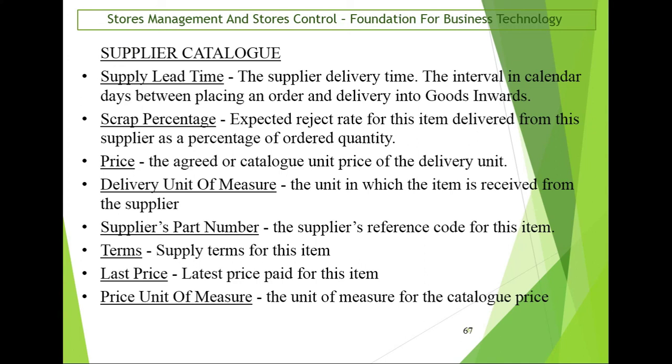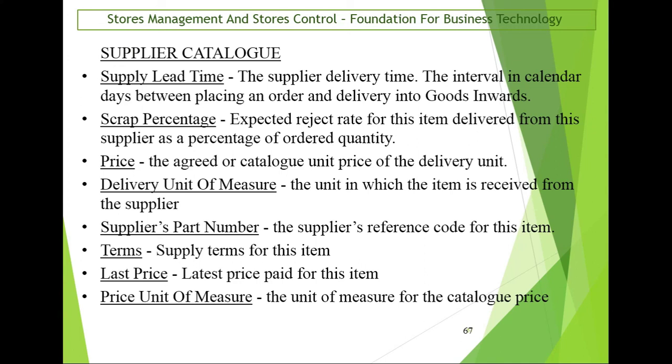This is where the item can be handled in different units of measure. Then you must also specify the supplier's part number. In other words, we want to know if this supplier has got their own unique part number for this specific item, because we have our own item code.